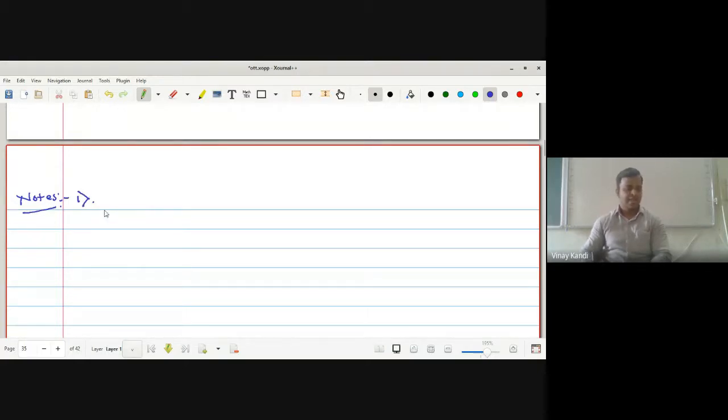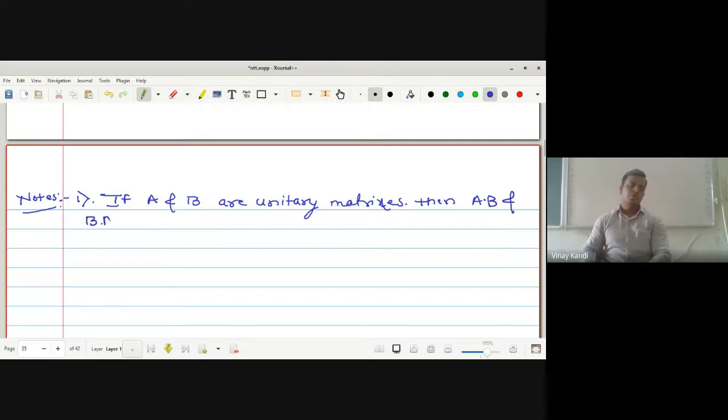If capital A and capital B are unitary matrices, then A into B and B into A, the product of these two matrices, are also unitary matrices.